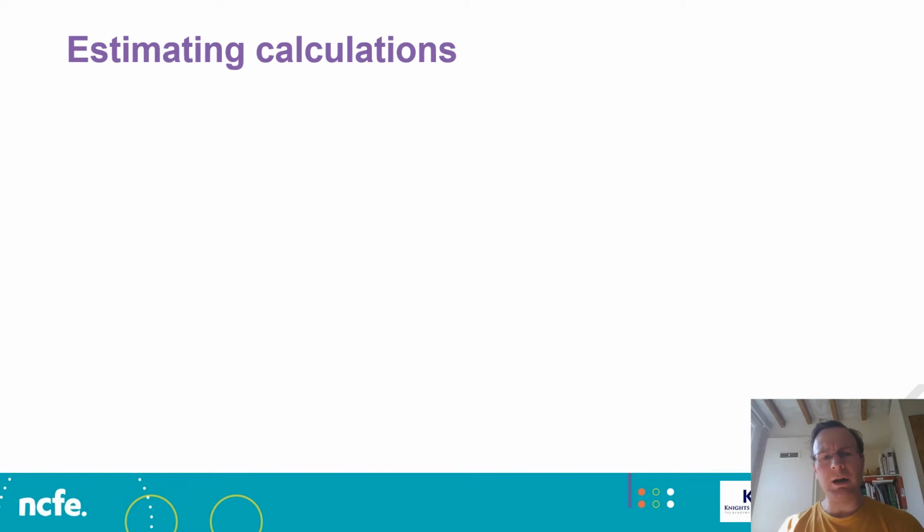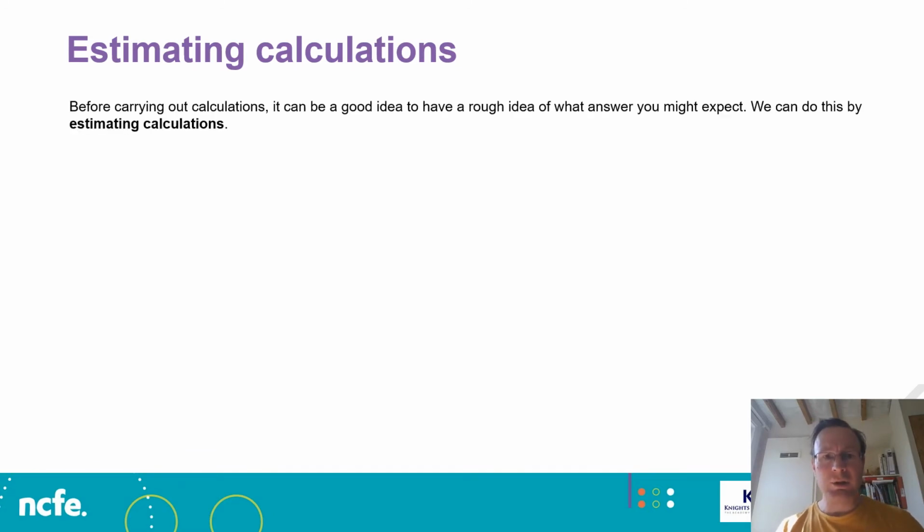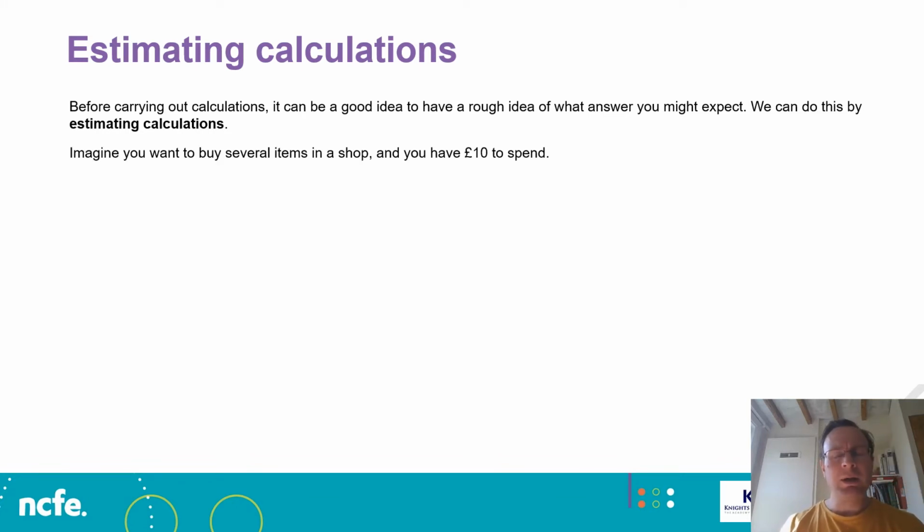We're now pressing on to this section of estimating calculations. So here we're going to consider why we need to estimate calculations. What it's useful for in everyday life is particularly if we're shopping.